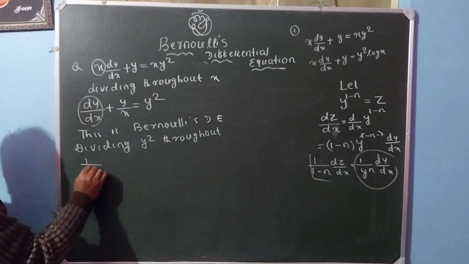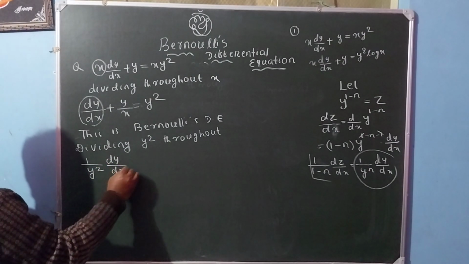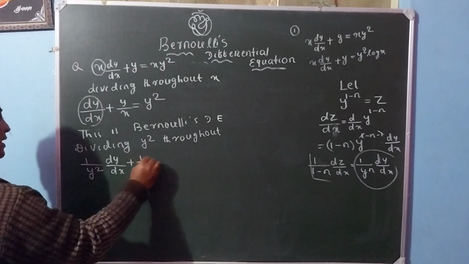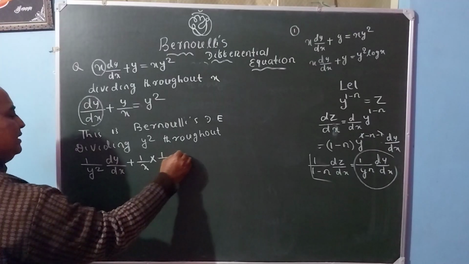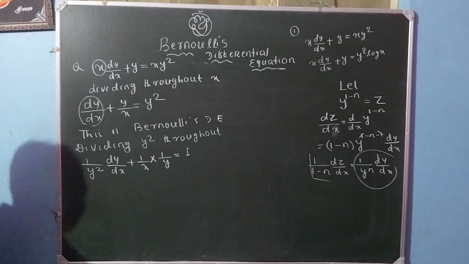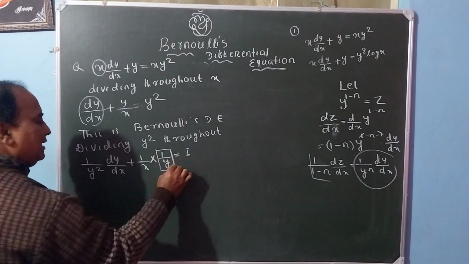One by y square into dy/dx plus 1 by x, here it is 1 by y after division, is equal to 1. Now you have to take this quantity as z.